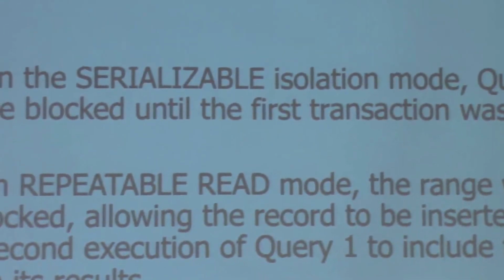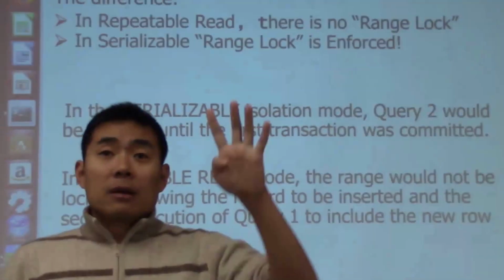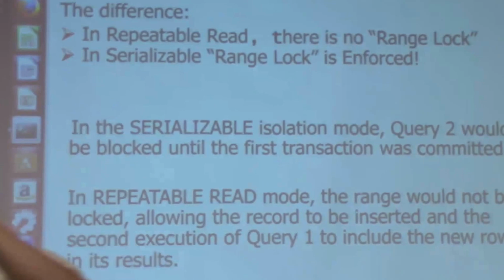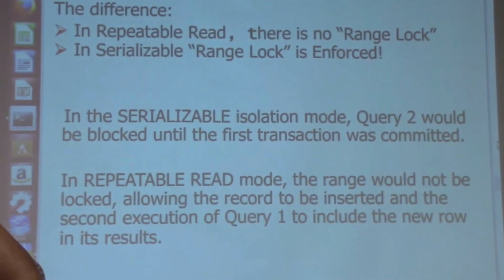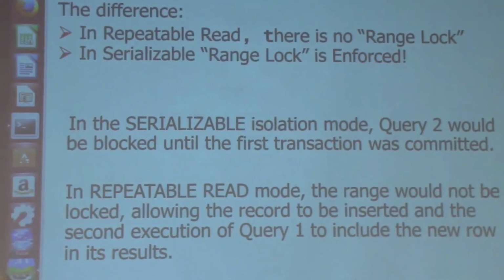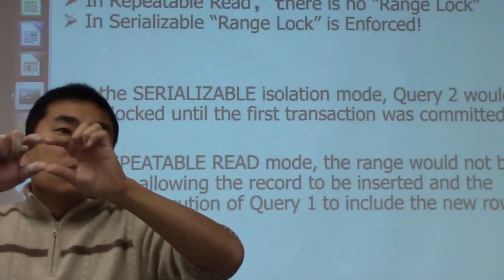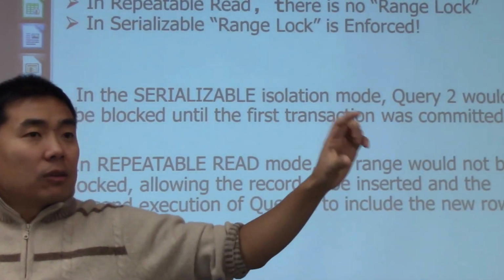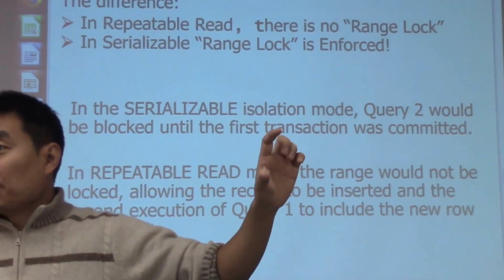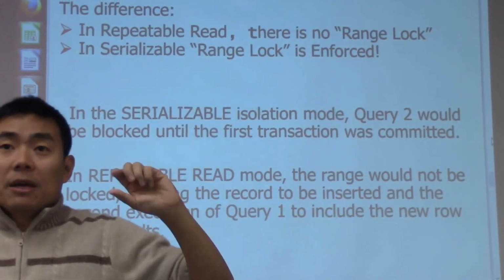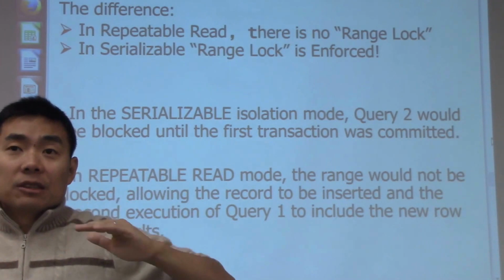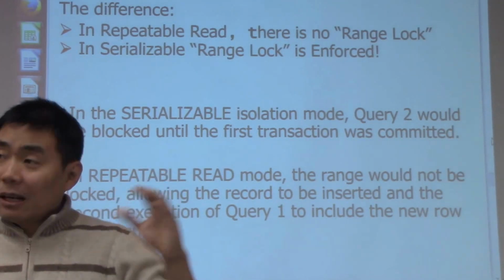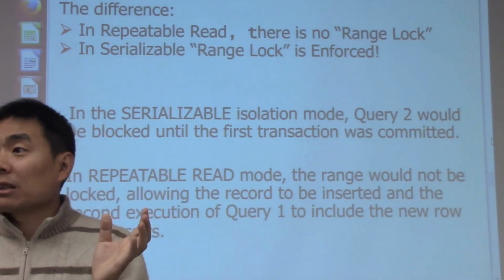Okay? So that's the difference between serializable and repeatable read isolation. And by the way, most commercial database systems have four different isolation levels. The strictest isolation level is serializable isolation level. By strict, I mean less concurrency, less interleaving of actions from different transactions.